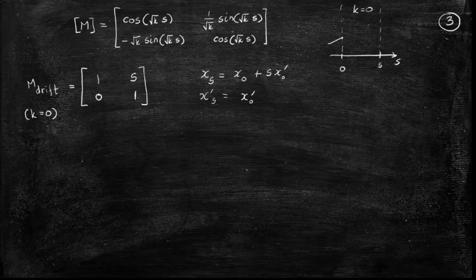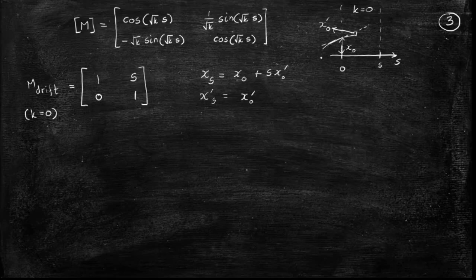So at this point when it enters, this distance is x0. And what is x prime? If you draw a tangent at this point, the slope of this tangent is x prime.